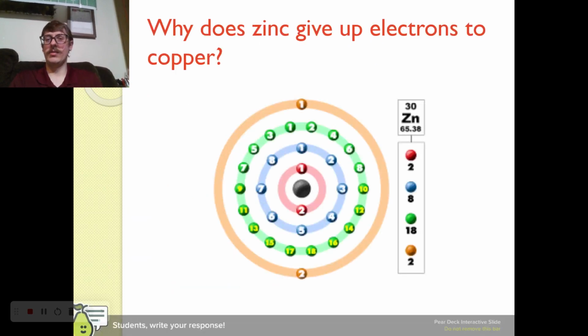So ask yourself again, why does zinc give up electrons to copper? Oh yeah, it's because zinc has that nice super duper mega full 3 level, right? Those 3Ds are filled, and so it can give these up pretty easily. And copper, because it's so close, just missing the 1, it's happy to take those electrons.